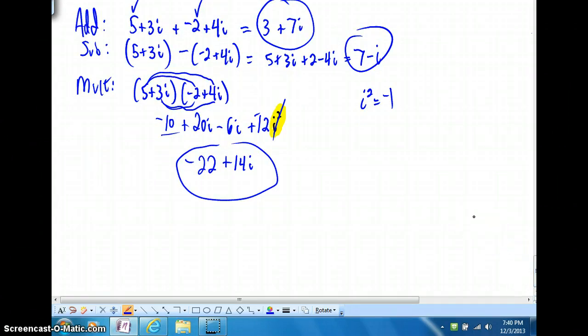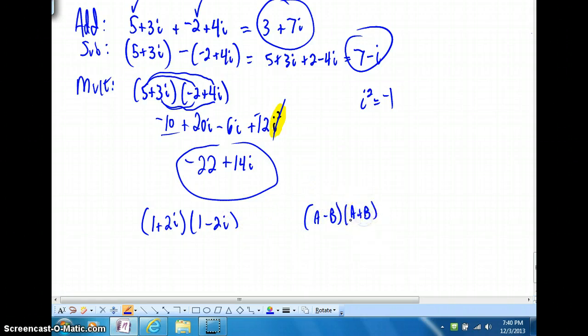Sometimes you'll even see that when you multiply them together, you wind up with a real number. And if you were to say multiply 1 plus 2i times 1 minus 2i, very quickly kids might notice, hey, these are conjugates. What do conjugates multiply into? a minus b times a plus b. Well, hey, that's a squared minus b squared.